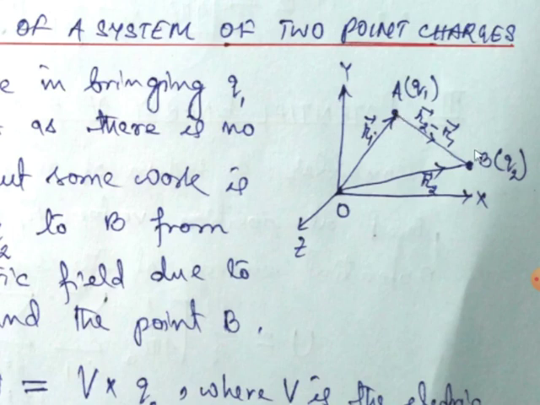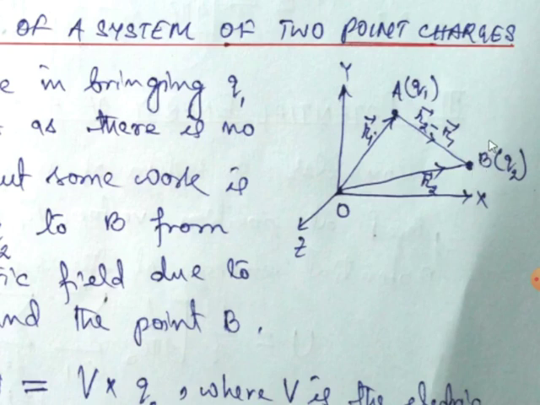But when you try to bring Q2 from infinity up to position B, there will be electric field due to Q1. Against the electrostatic force of Q1, you need to bring Q2 from infinity up to here.